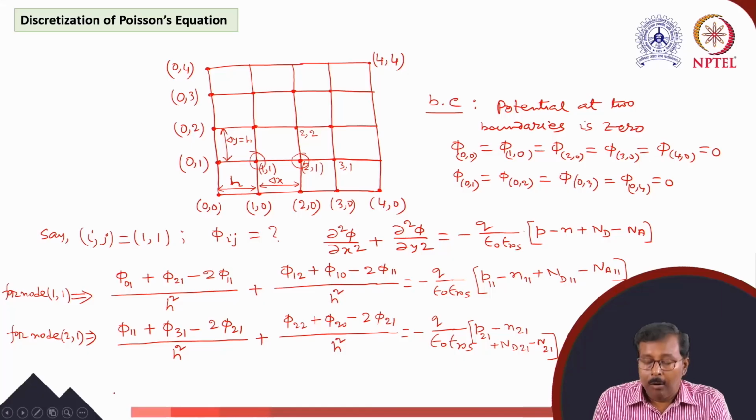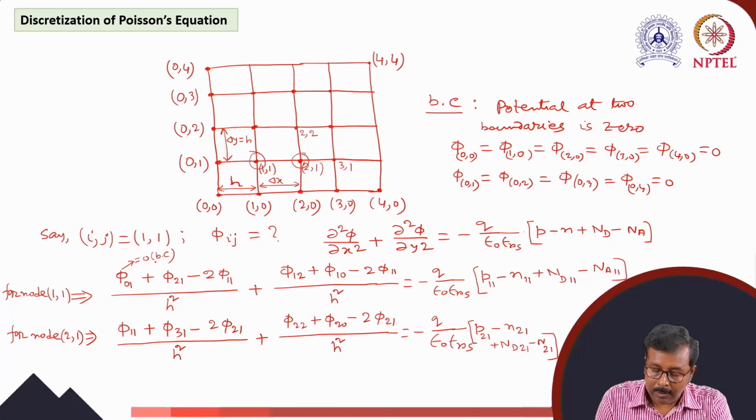In this way, we can have a set of algebraic equations. But you find that the boundary conditions, that is phi 0 0, phi 1 0, phi 2 0, 3 0, etc. at 0. If you put these values, so this 0 1 will be 0. So this will be also 0 due to boundary condition. Let us write in a different color pen.